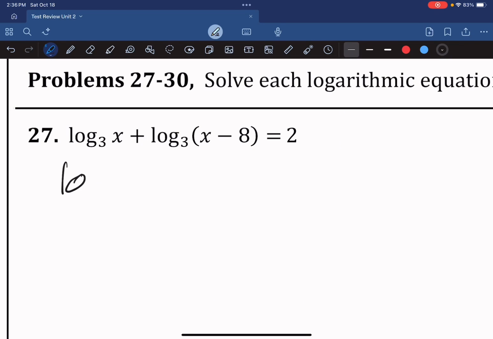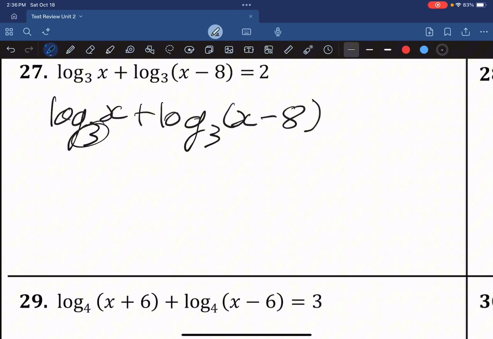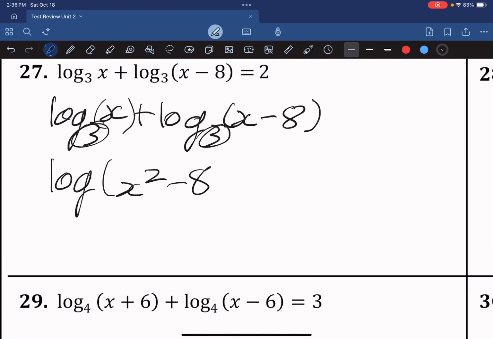Okay, so log base 3 of x plus log base 3 of x minus 8. All right, so same base, right? And it's a plus, so you can multiply them. Anything inside these parentheses, you can multiply. So x squared minus 8x equals 2.